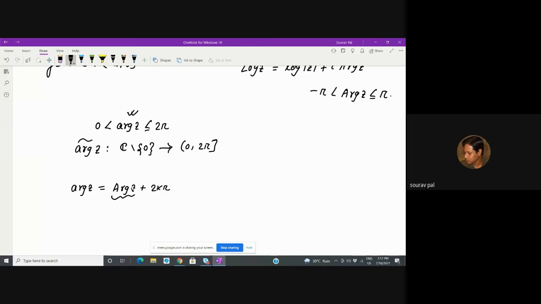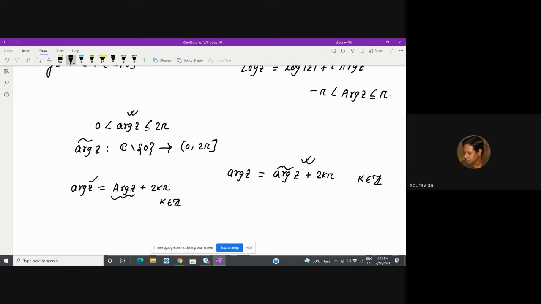For every particular z, on the right hand side, you have a set of points, right? Now if you choose your argument to lie in another interval of length 2 pi, then also you can obtain the same set, where k belongs to Z. You can verify this. Eventually you have the same set.